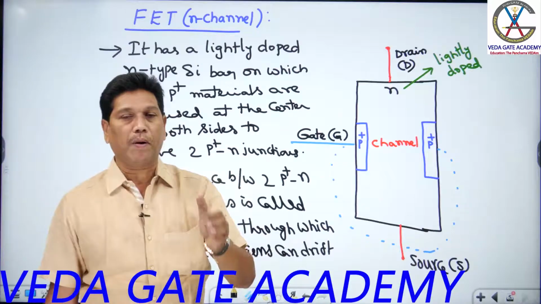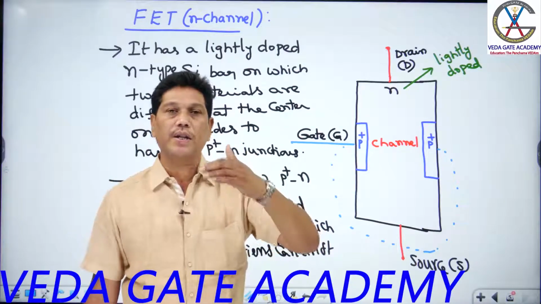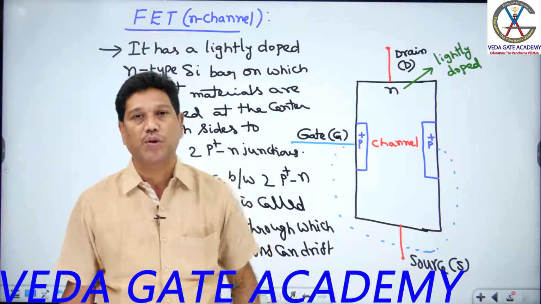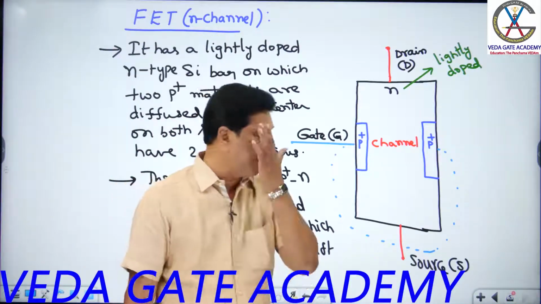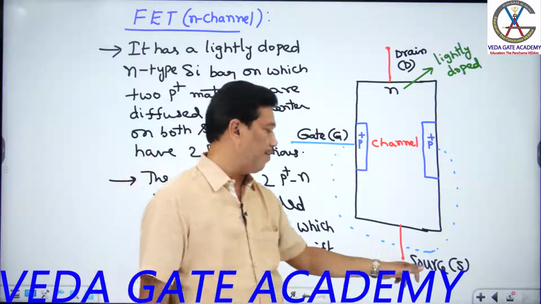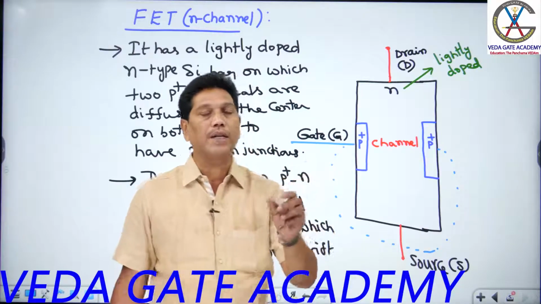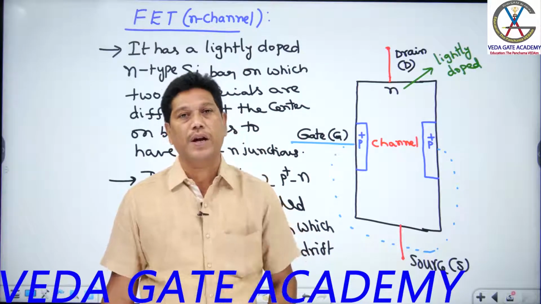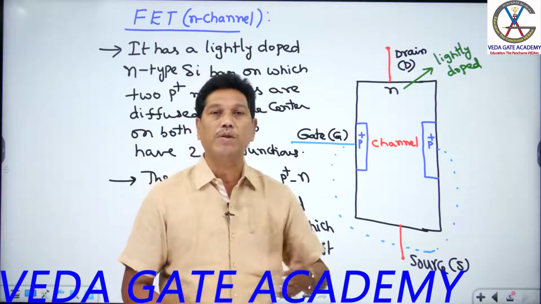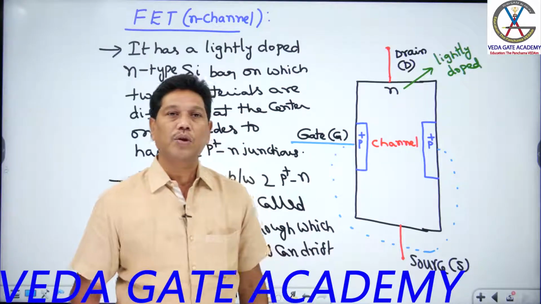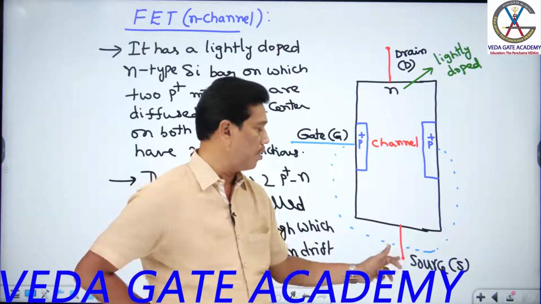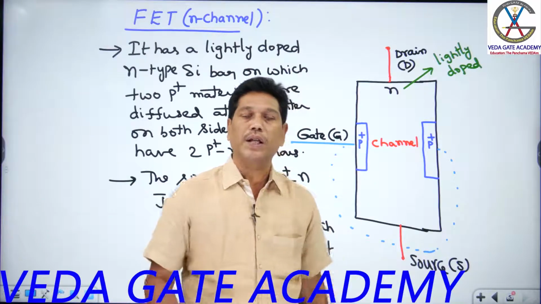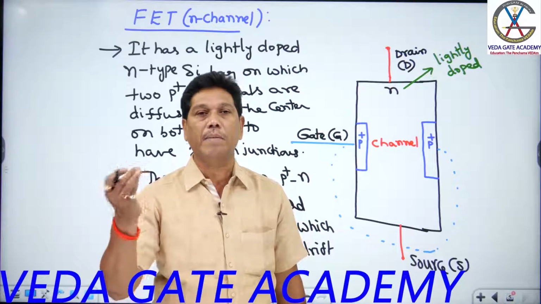Source is the place where the carriers enter the channel. Drain is the place where the carriers leave the channel, students. And source and drain are always at opposite sides. And remember now, the function of the source is the same as the emitter function of a BJT. So there are some similarities between BJT and FET terminals, students. The BJT emitter terminal is similar to what? Source terminal. In a BJT the carriers are emitted at the emitter only.